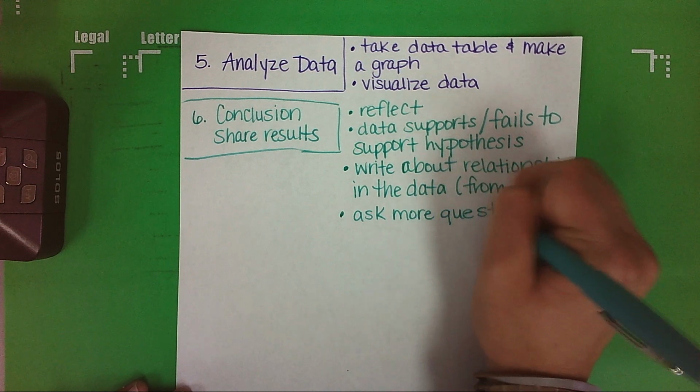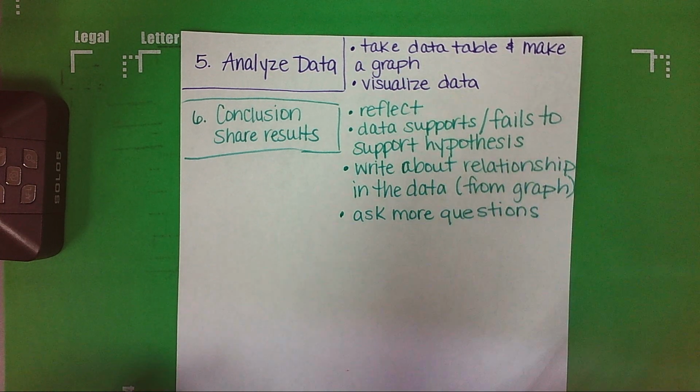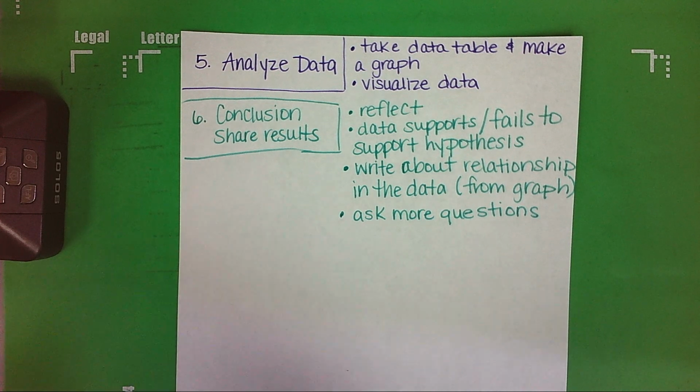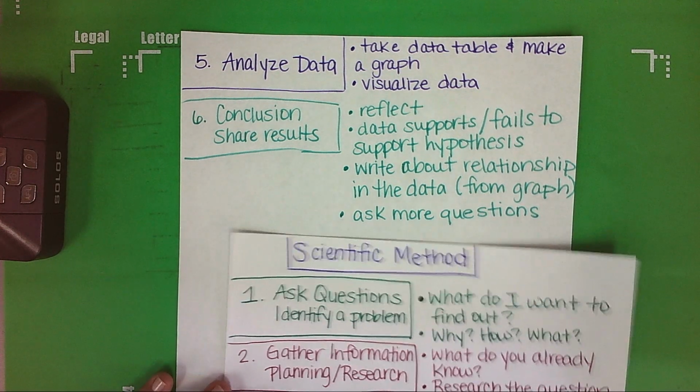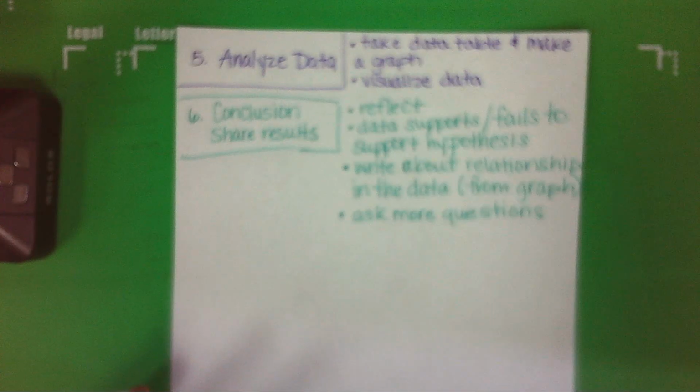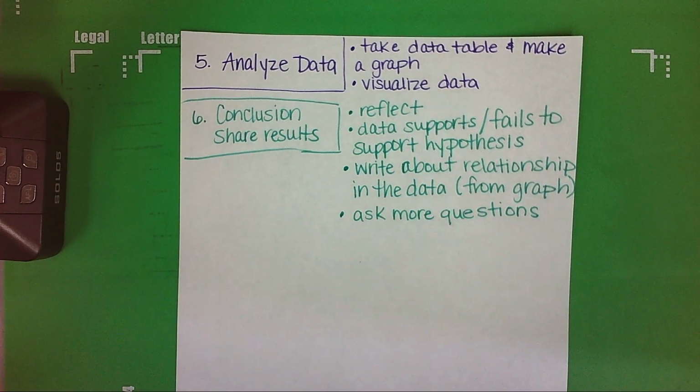And then we start all the way back with the process again. So remember that the first step was to ask questions. So at the end, after we have done the first test, this is our first experiment, then we're going to realize, hey, I found this out. I wonder what would happen if I change this factor. So then now you've come up with a new experiment.